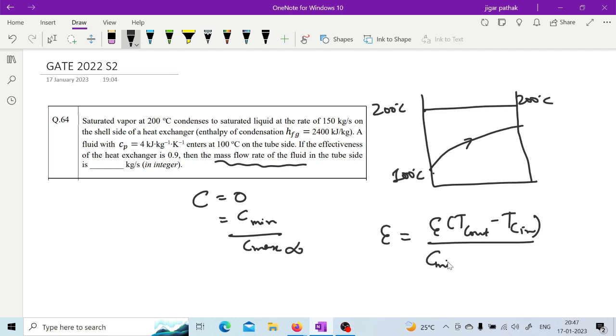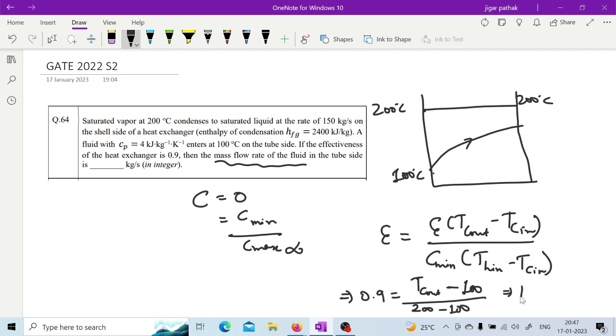Is the answer 1000? So here it is TH in minus TC in. The effectiveness is given as 0.9. Now TC out you don't know. TC in is 100, TH in is 200. This will give you TC out equals 190 degrees centigrade.